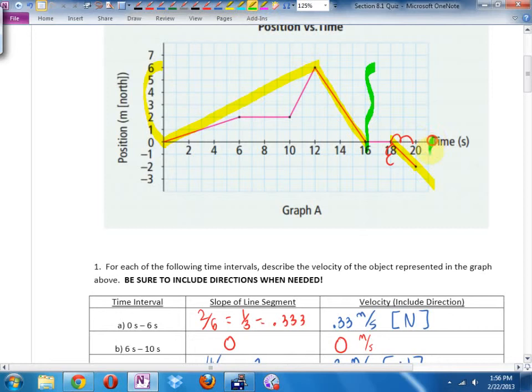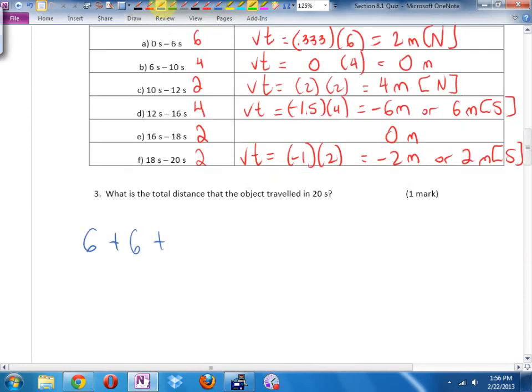How many meters do we travel backwards? 2 more. The total distance is 6 meters forward, plus 6 meters back, plus 2 more meters back, for a grand total of, Justine? I think you're right.